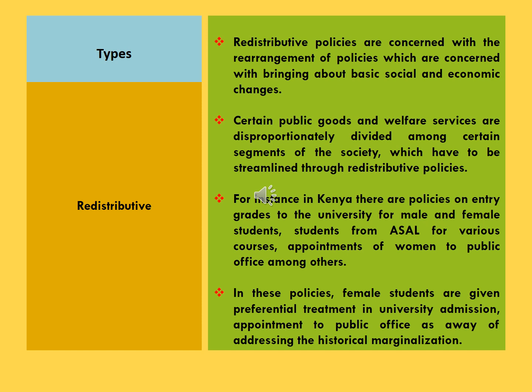And so, it was important that certain preferential treatment is offered to women to give them certain leeway so that they are able to win certain contests on their own. Those are the types of social policies that we have.